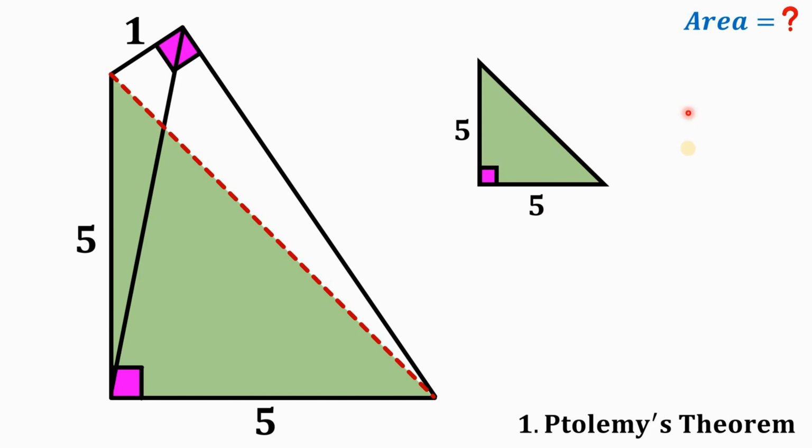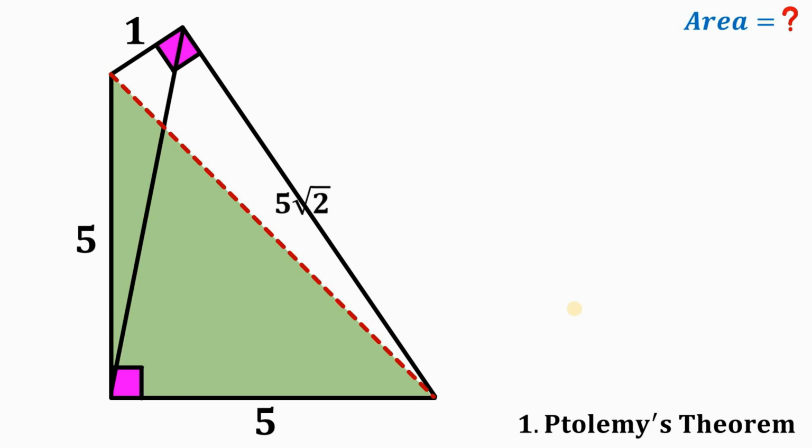The hypotenuse is the square root of 5 squared plus 5 squared using the Pythagorean theorem. This gives us the square root of 25 plus 25, or simply the square root of 50. Simplified, this is 5 times the square root of 2. So this red segment is equal to 5 times the square root of 2.